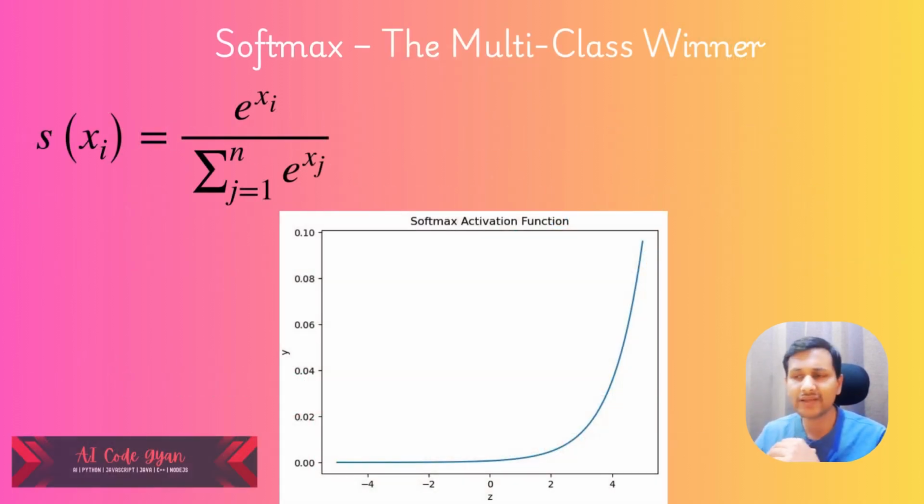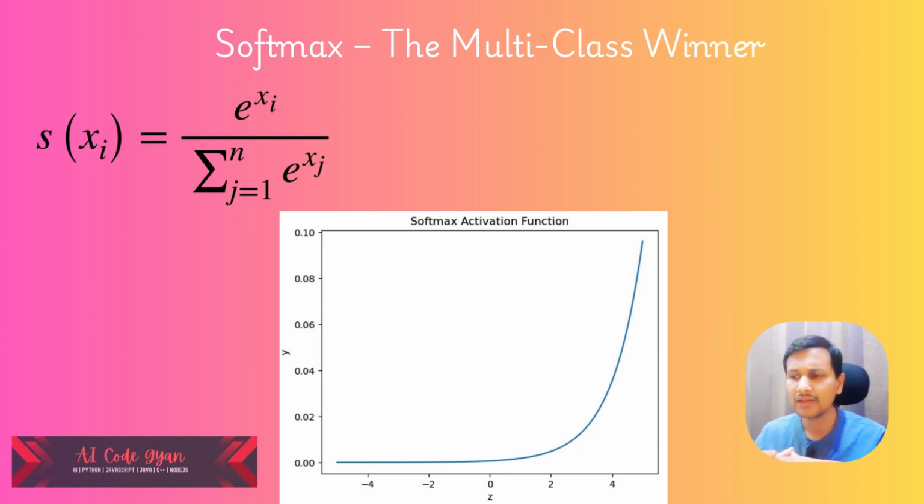Now let us talk about Softmax, the multi-class winner. As you can see, S(x_i) is equal to e to the x_i divided by the sum over j from 1 to n of e to the x_j. This is an exponential function which becomes steeply exponential after some value.